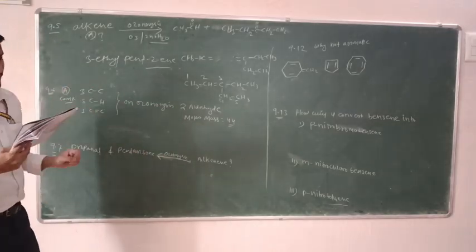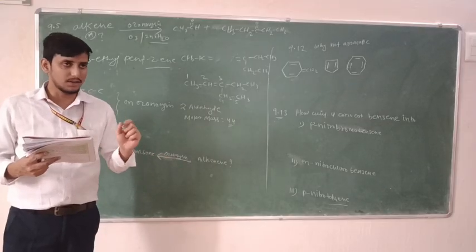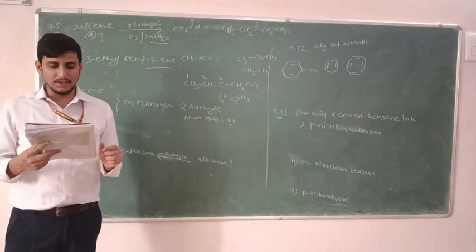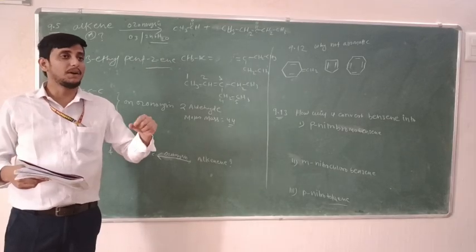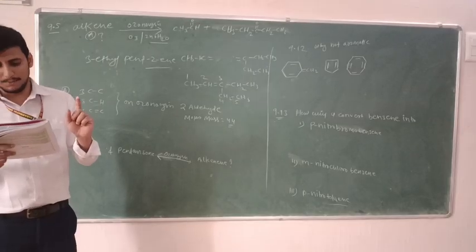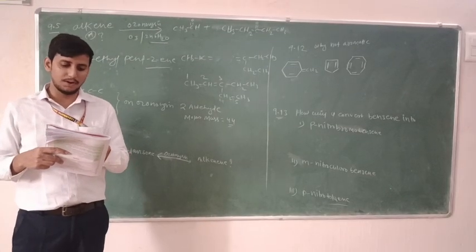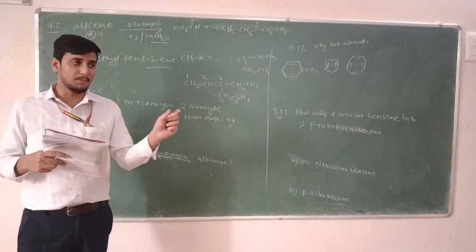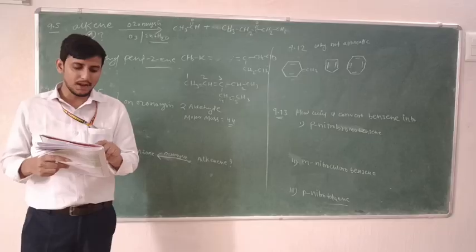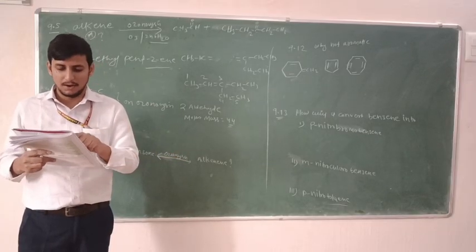He asked: an alkene A contains 3 carbon-carbon single bonds and 8 carbon-hydrogen bonds. These are all carbon-carbon and carbon-hydrogen sigma bonds only. Now one carbon-carbon pi bond is available.